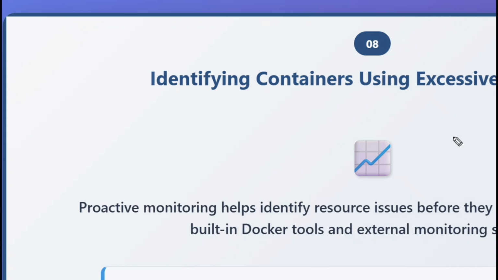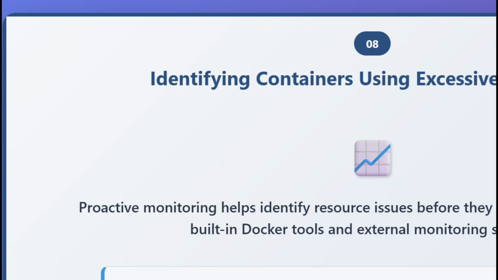Okay, and here we are going to see identifying containers using excessive resources. How exactly do we identify whether containers are using too many resources before they crash your system? Prior to that, monitoring is very essential for maintaining stability and catching crashing issues early.